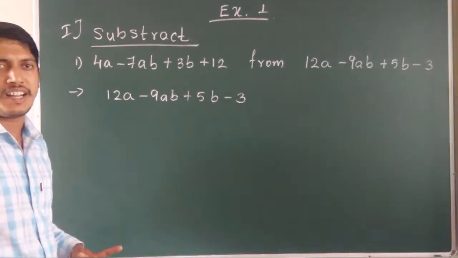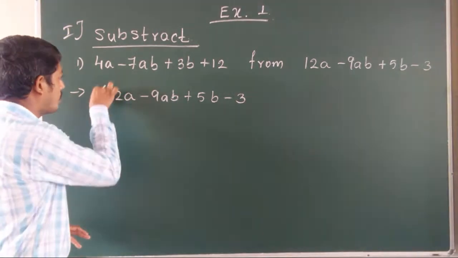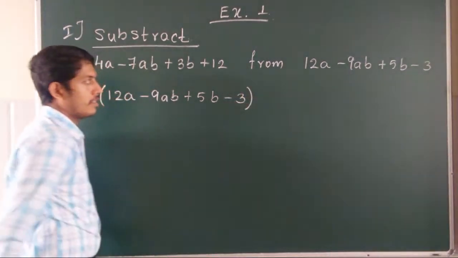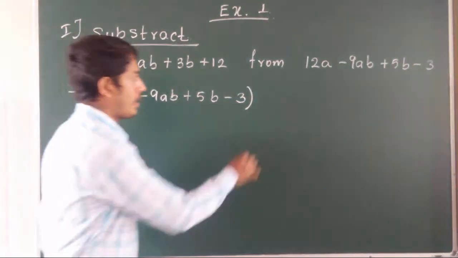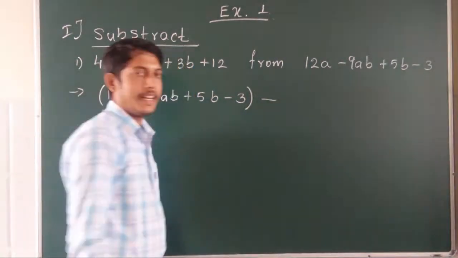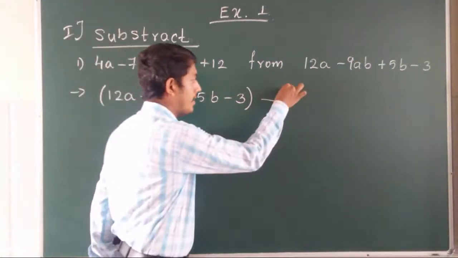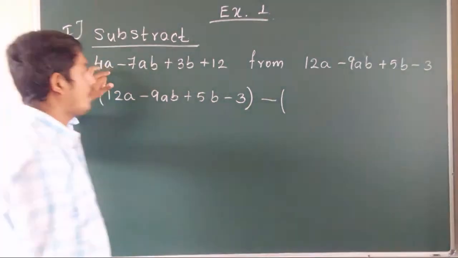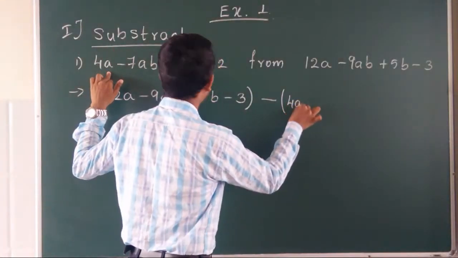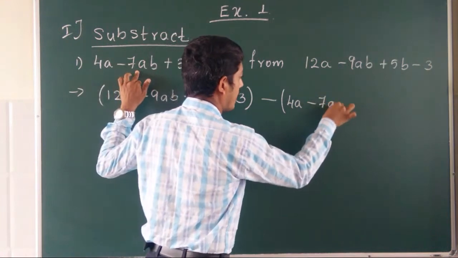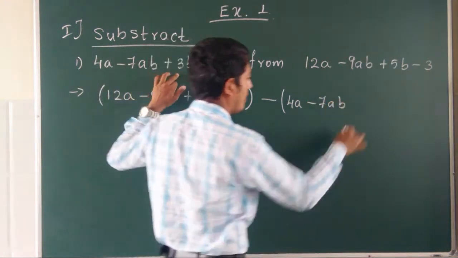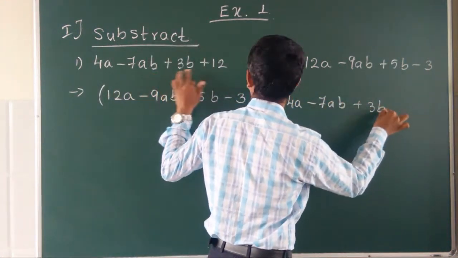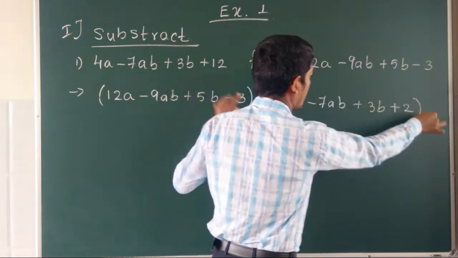And this is a subtraction process, so I will use the bracket, then put one negative sign here, and in the second bracket I will write the first expression, that is 4a minus 7ab plus 3b plus 12. I will close the bracket.